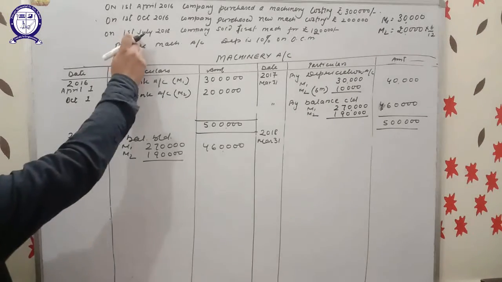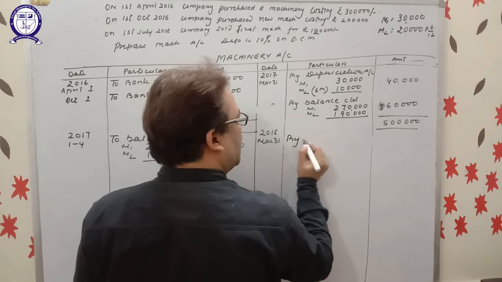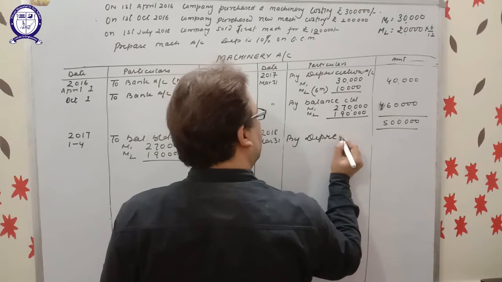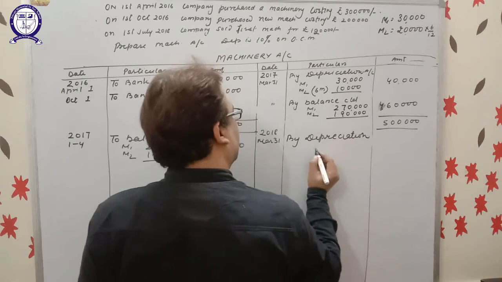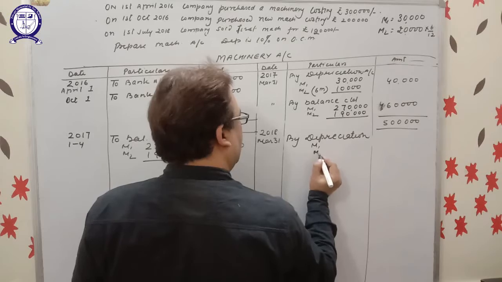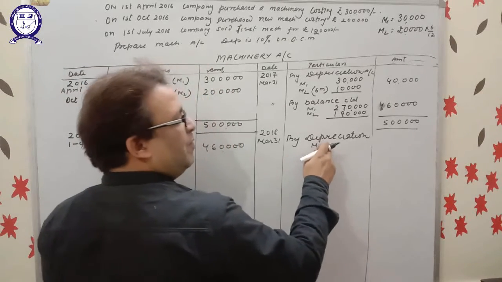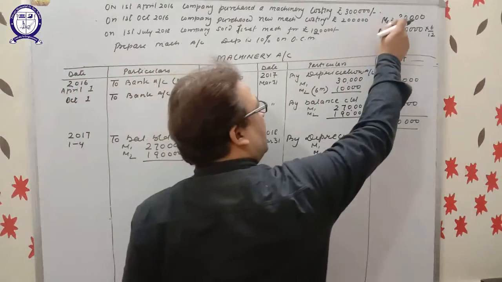In the next year we have sold. So record depreciation at the end of the year by depreciation, on machine number 1 and machine number 2. Because we are using the original cost method, the depreciation will remain the same.